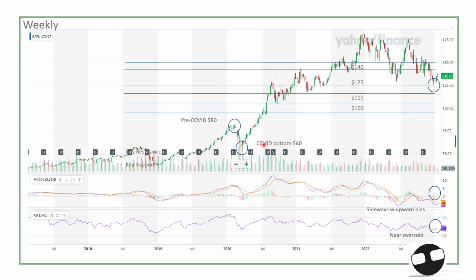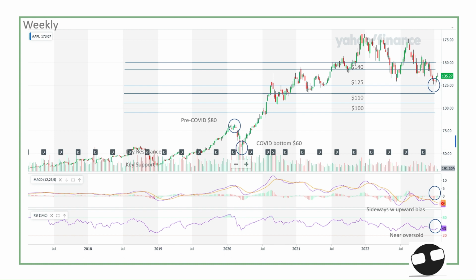So for the weekly, trying to zoom out here. Here's the COVID top and bottom. We can see that the candles for the last 3 weeks are pushing upward, but we can also see for the last candle last week, that's pretty much heading downward. RSI is moving sideways, near oversold.